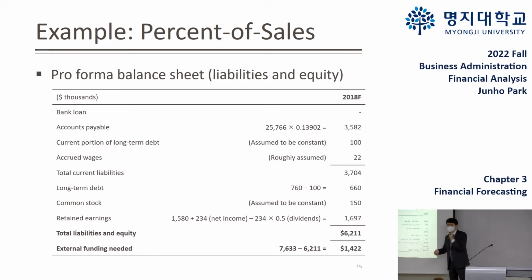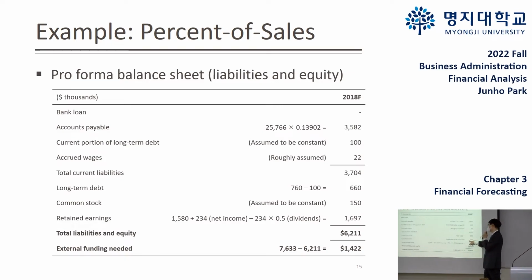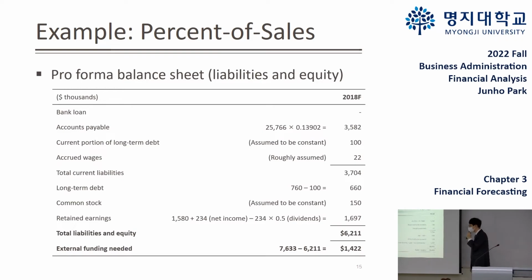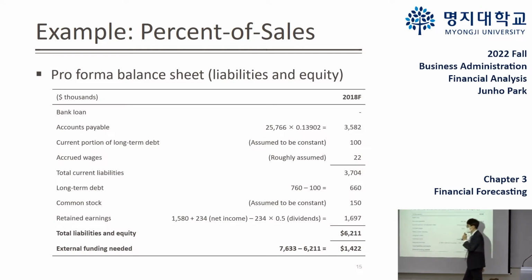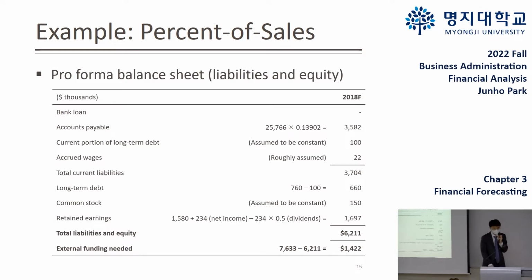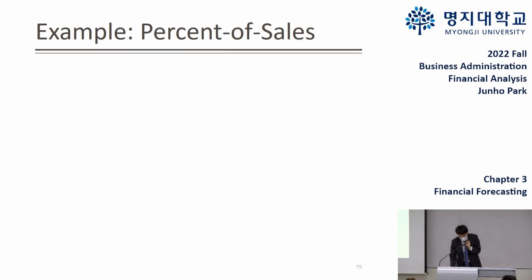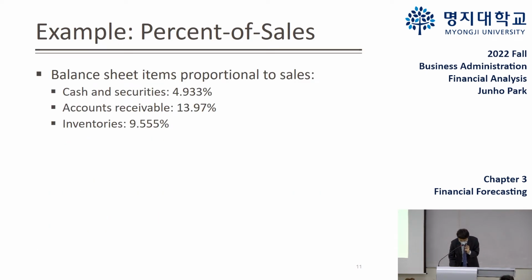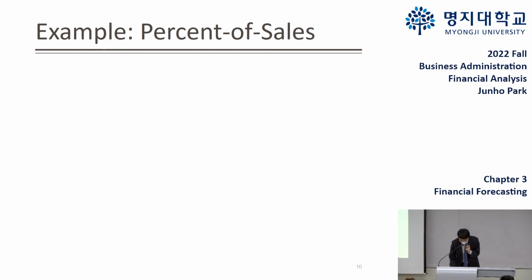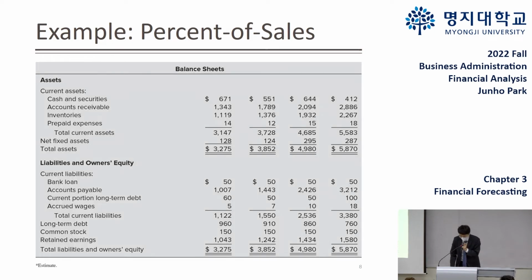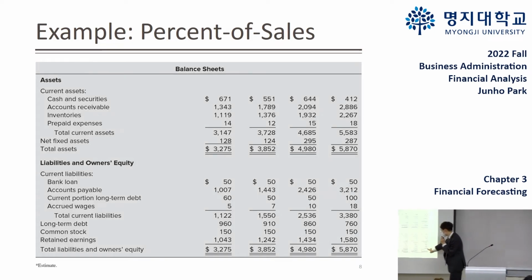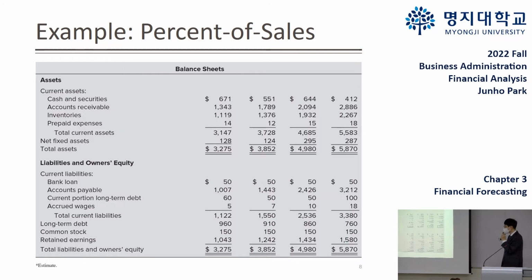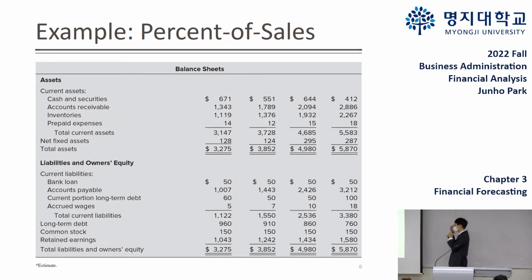And because I have no plan to issue additional share, the common stock will be the same as 150. Finally, there are retained earnings. So the retained earnings is calculated based on the previous retained earnings. And the last retained earnings was $1,580,000.